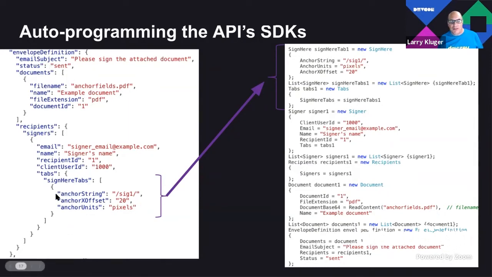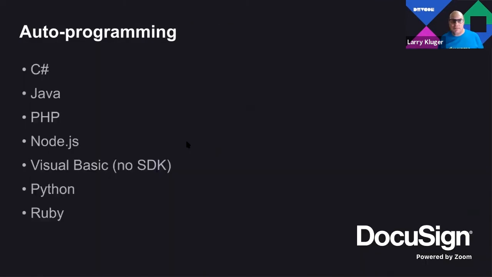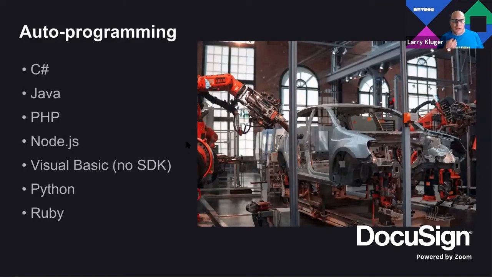The deepest leaf node is what's most indented. That's the sign here tabs, which is an array of sign here tab objects. And so it's creating the sign here tab and then stepping through to create the complete program. So that's working well for these languages. With Visual Basic, there's no direct SDK access right now. So at this point, it creates a big string for the JSON request.